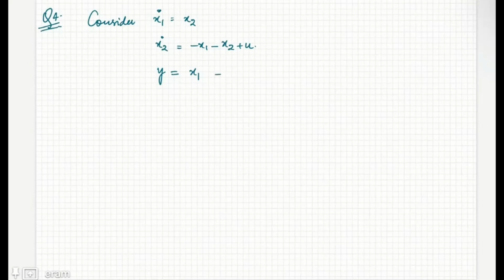So based on this measured output, x1 is already available to us, and we have to construct an observer such that x2 becomes available to us as well.